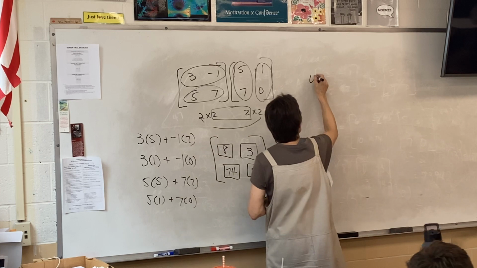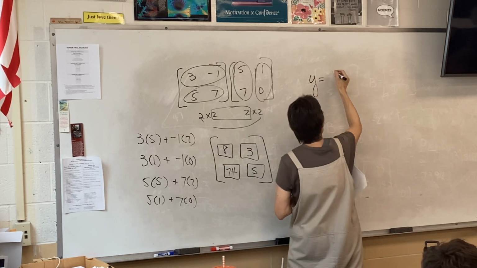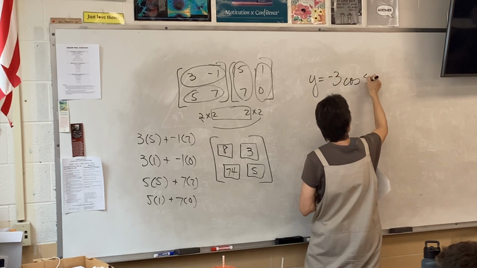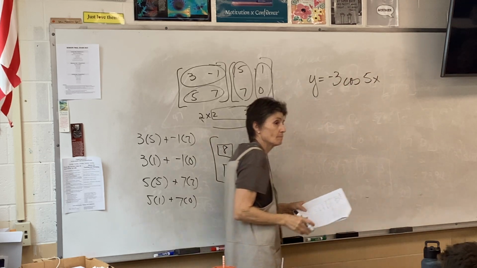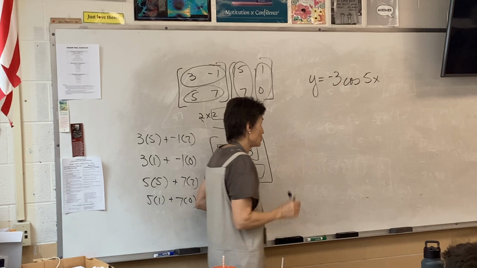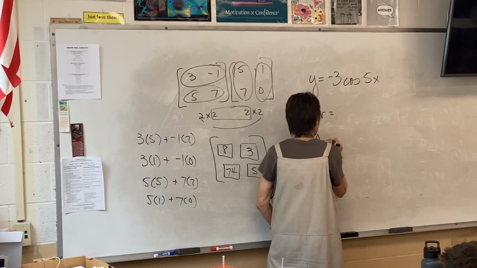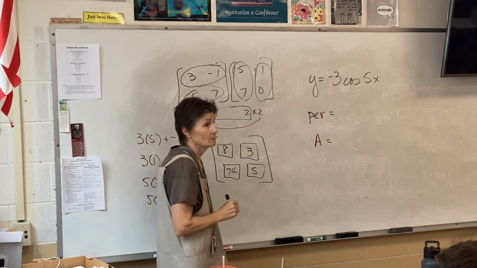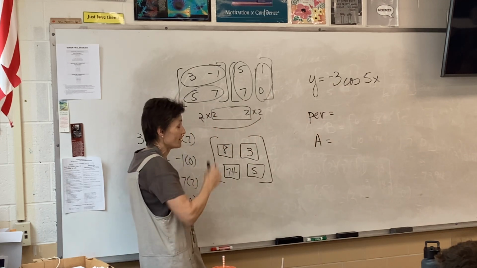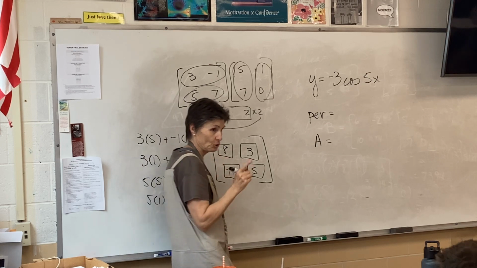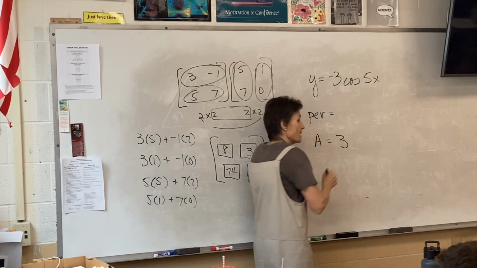All right. Now we're gonna have an equation, let's say -3 cosine 5x. And you could be asked to find the period, the amplitude, or both. Question might just say, what's the period of that thing? Now, the amplitude of it is 3.